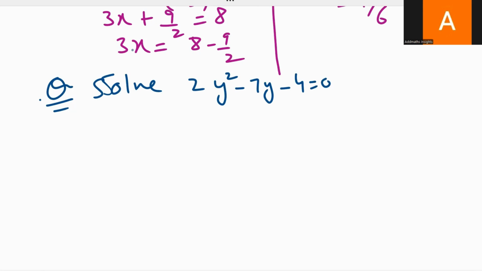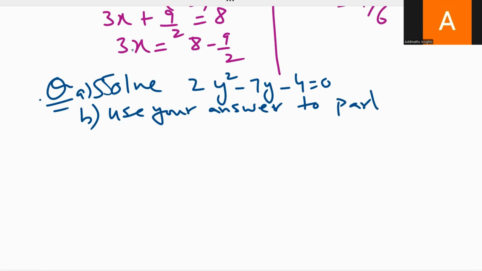And the second part states that use your answer to part A to solve the equation.